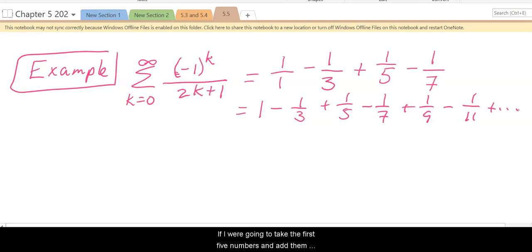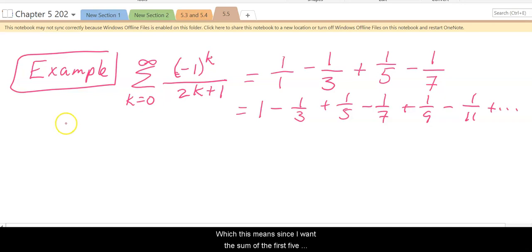If I were going to take the first 5 numbers and add them together, I could call this the 5th partial sum or the 4th partial sum, depending on whether you're allowing the partial sum subscript to match the subscript of the term, or whether you're allowing the subscript on the partial sums to be how many you're adding together. We're going to stick with the convention that the subscript on the partial sum matches the last term you included.